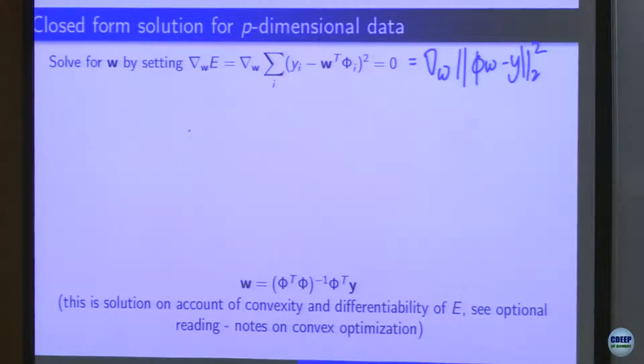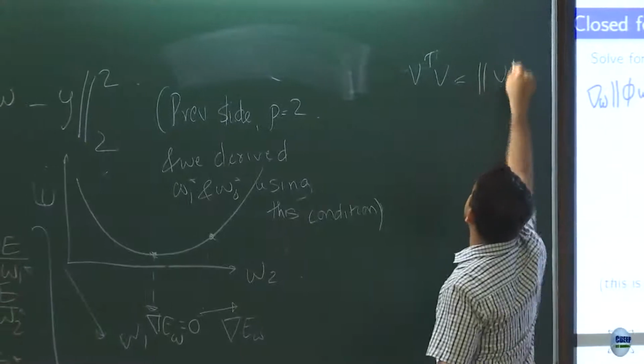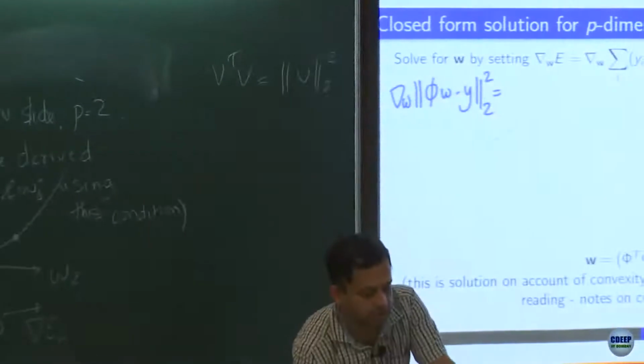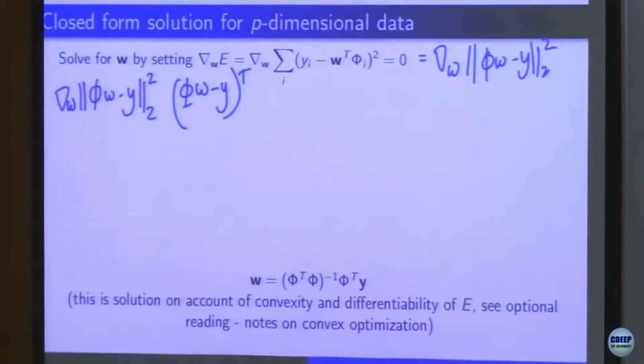Phi w minus y, norm 2 norm square. Can you write it differently? A vector v transpose v is the same as the 2 norm square. Using this, it is phi w minus y, transpose.